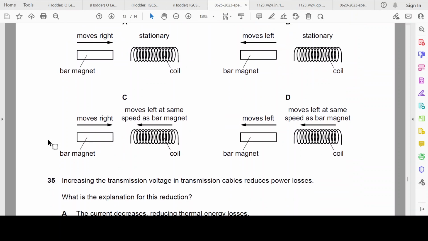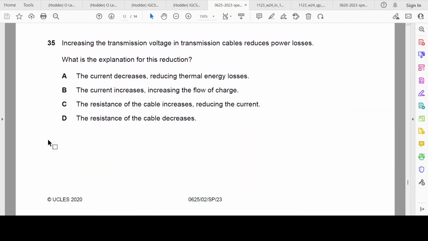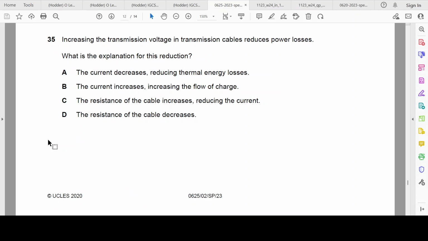Okay, 35. Increasing the transmission voltage in transmission cables reduces power loss. What is the explanation for this reduction?